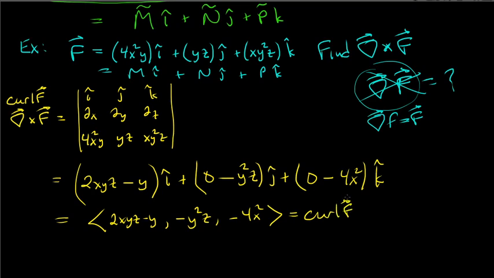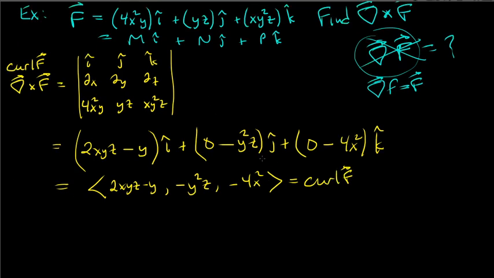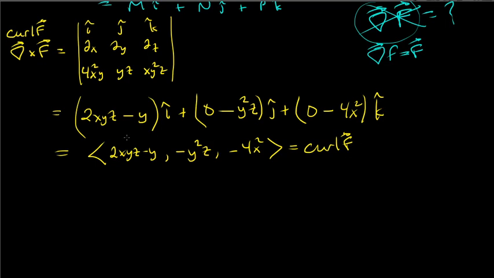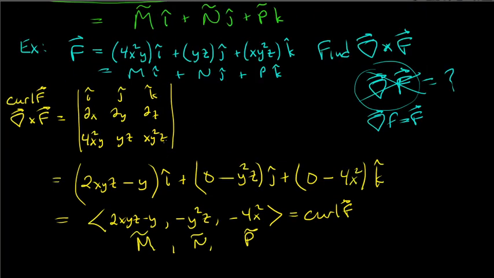So you take a vector field, you take the curl of it, and you get another vector field. This is my new M, N, and P. Again, we should put little twiddles on them because it's not the same M, N, and P that we had originally. They're different components.